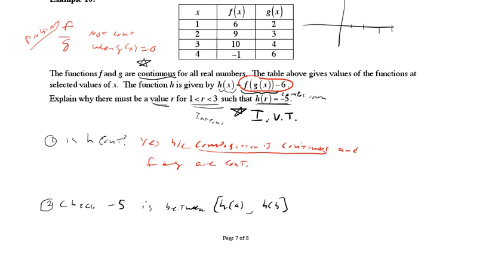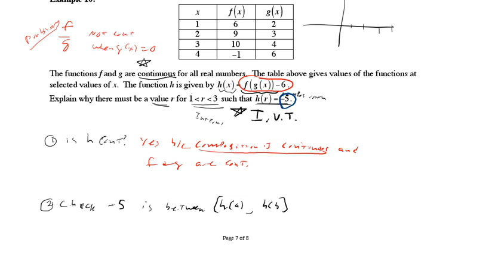We're looking to see that -5 is between the values. Does -5 land between my low and my high of h?